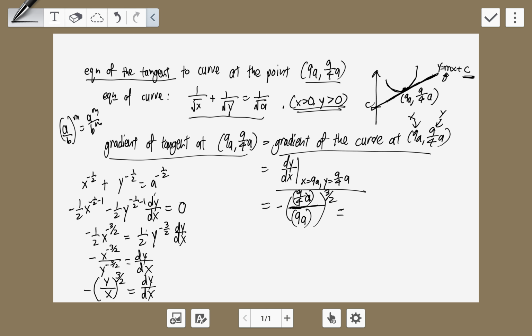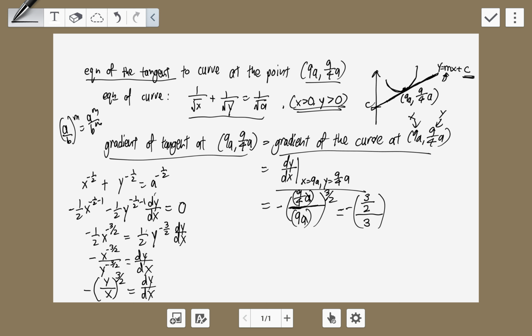So these two cancel, and you just have 1. Then I root each term: the root of 4 is 2, the root of 9 is 3, and the root of 9 is 3. Okay, so this is the longer line.